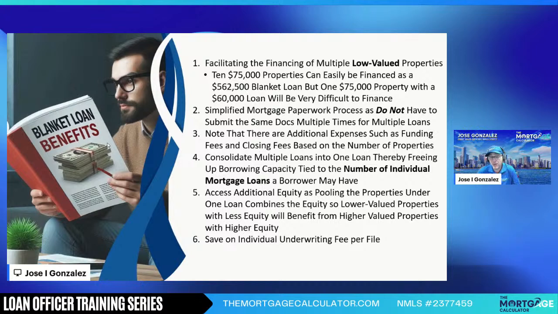Are you trying to buy multiple low valued properties because they have such a good rental rate of return? And their answer is usually, yeah, I'd love to buy those lower value properties, but it seems like I can't find anyone to finance a 75 or $70,000 property.